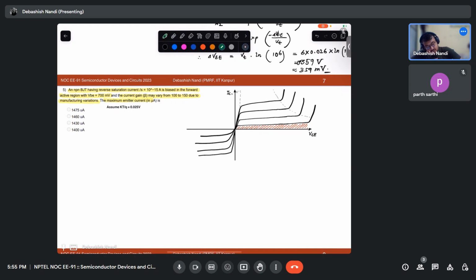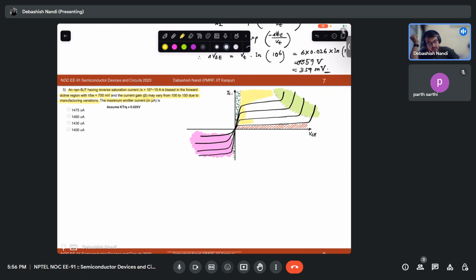This is one region. Let's say this is another region, and this is another region, and this is one region, and this is another region.